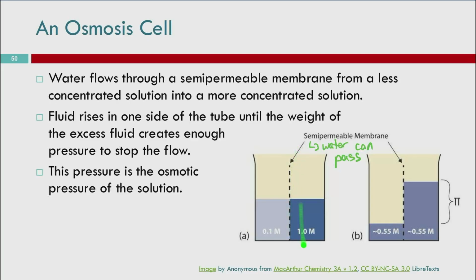Water can pass through this semi-permeable membrane, and it's going to flow from the low concentration solution to the higher concentration solution until they either reach the same concentration or, because of the pressure of this water being taller, it's tall enough that the pressure just forces the water back through the semi-permeable membrane. That can also happen.